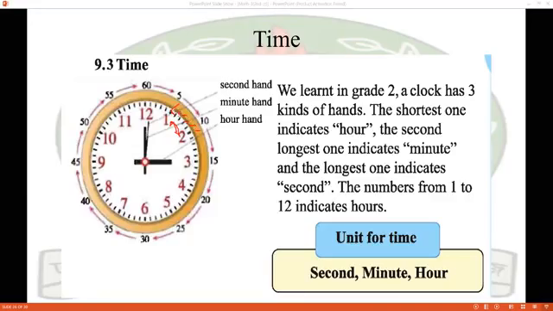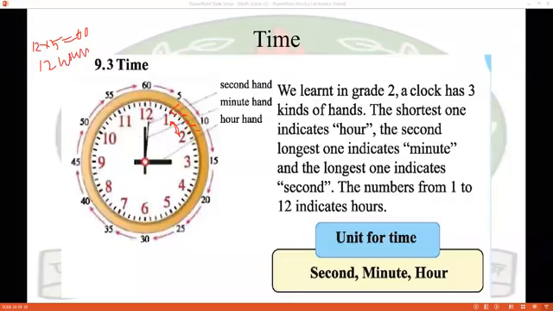This is one, and every part contains 5 minutes. So there are 12 partitions of hour. So 12 into 5, there are 60 minutes. 60 minutes partitions and 12 hour partitions in a clock.